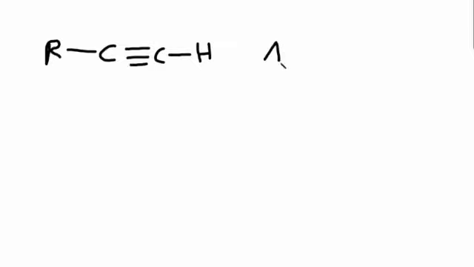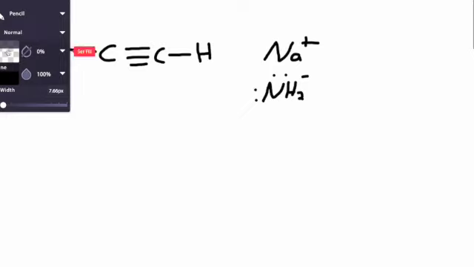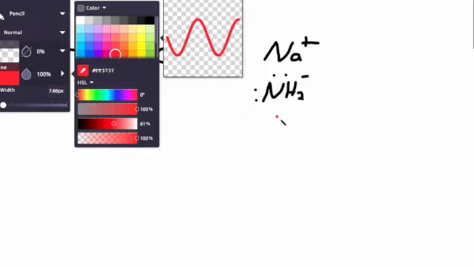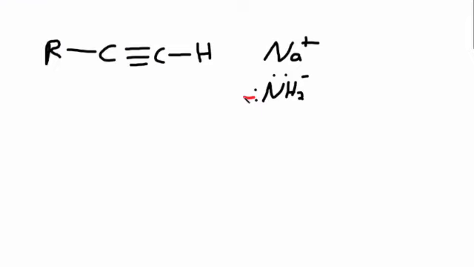So if I took a terminal alkyne and I mixed it with a strong base, let's use sodium amide. So sodium, a positive charge. The amide is going to have an NH2, and it's minus, so we're going to have those electrons. And what's going to happen here is these electrons are going to deprotonate our molecule.